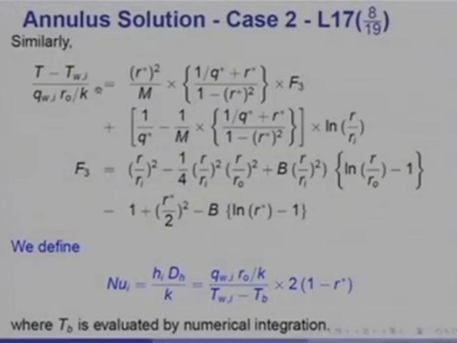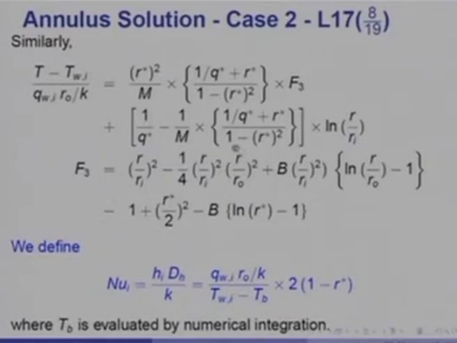For case 2, where the inner wall is heated, that is Q wall I is given, the solution can be expressed compactly in this fashion: R star square by m into 1 over Q star plus R star, multiplied by a function f 3 plus all this, and f 3 itself is given by a long expression like that.